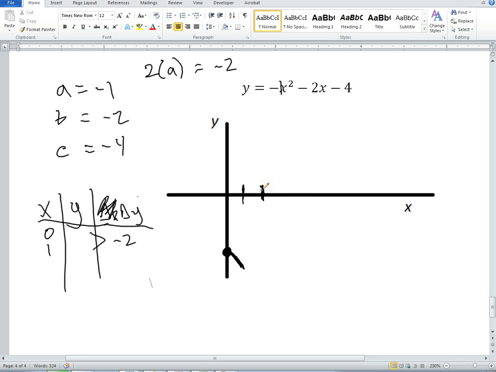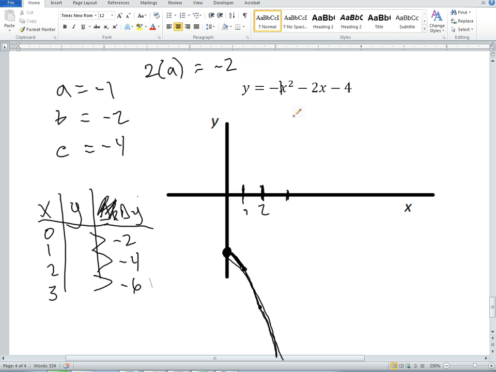So from an input of 1 to an input of 2, my slope will go from negative 2 to negative 4. So that means my slope will be steeper and will maybe look more like that. From 2 to 3, I'll have a slope of negative 6, so it'll get even steeper. So we'll kind of experience something that looks like this and goes downwards and grows faster and faster in the negative direction.